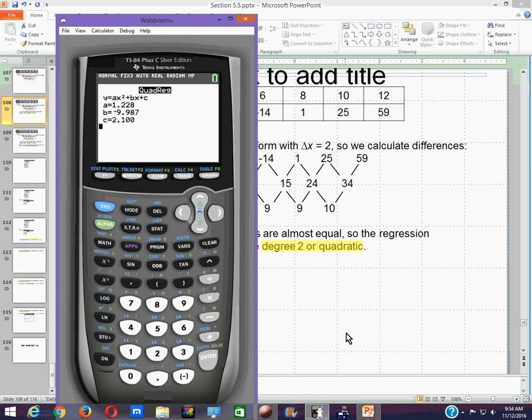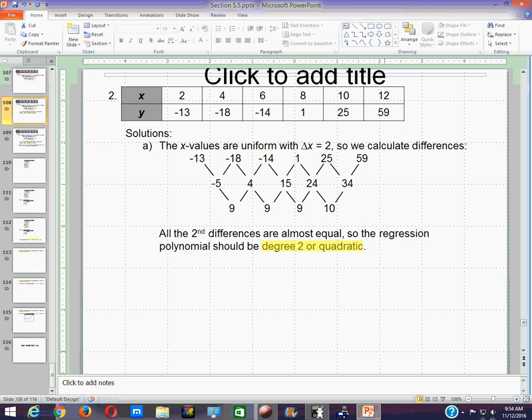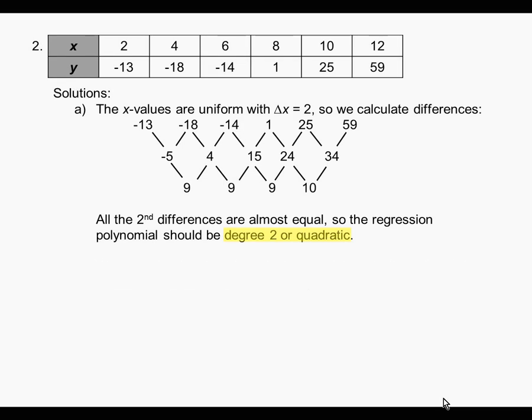So we're going to have 1.228x squared minus 9.987x plus 2.100. So let's get caught up here.